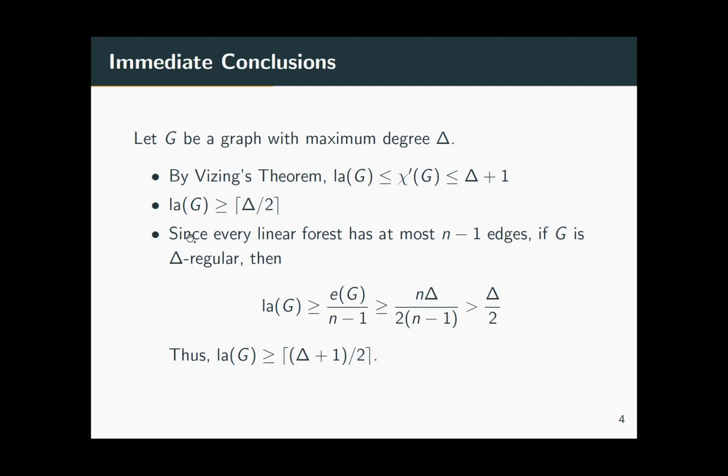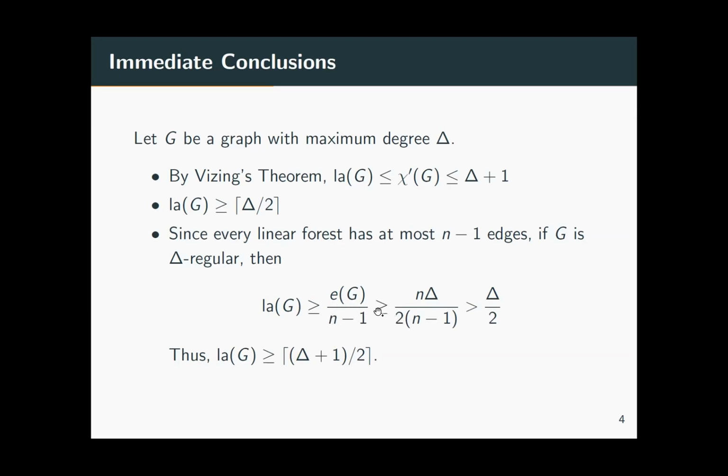And third, since every linear forest has at most n-1 edges, if we consider G as a delta regular graph, we can see that the linear arboricity of G must be greater than or equal to the total number of edges divided by the number of edges in each linear forest, right?